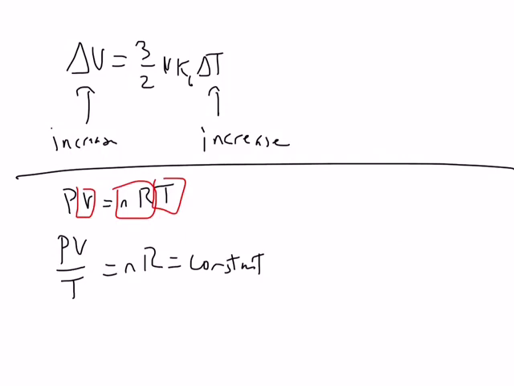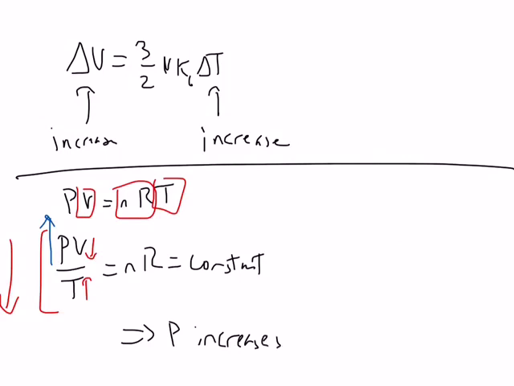If the volume has gone down and the temperature has gone up, both of those changes make this whole side smaller. So therefore, to keep the whole thing constant, the pressure must go up, right? So our end result is that pressure increases. So it's a process of elimination one. Volume and temperature, we can directly relate to other equations. The pressure is sort of whatever it has to be to make everything else work out.